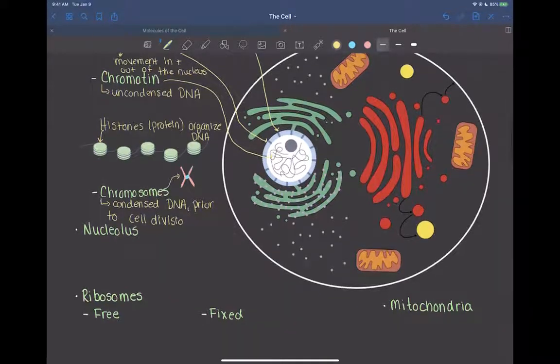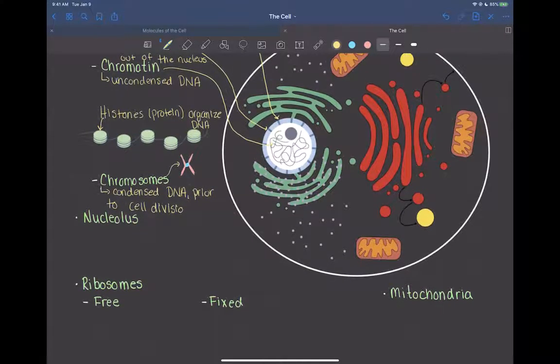Okay, and lastly, within our nucleus, we have a nucleolus. And I swear, this is the hardest thing for people to remember: what the nucleolus does. The function of the nucleolus is to make ribosomes.